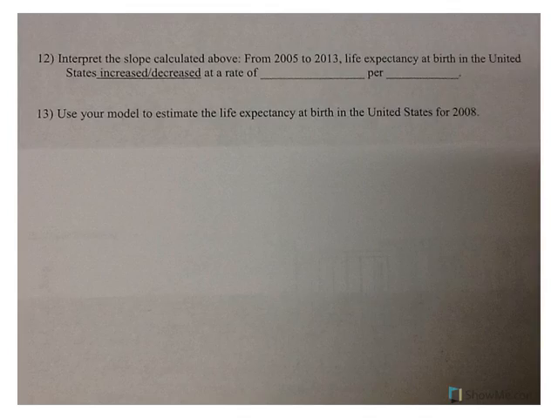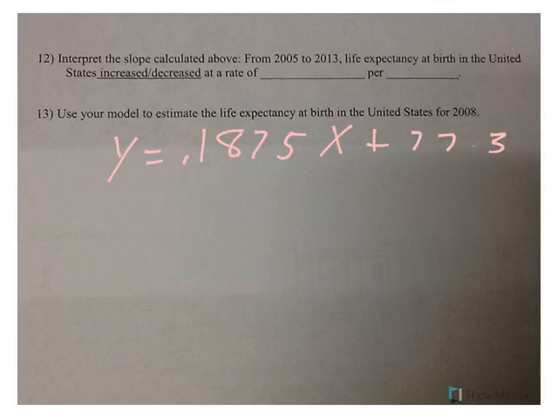So in number 12, we want to interpret the slope. Let me rewrite the model just so that we have it here: 0.1875x plus 77.3. Now, to interpret the slope: the slope is positive, which means it increased. Positive means increase, negative means decrease. So it increased at a rate of 0.1875 per 1 year.